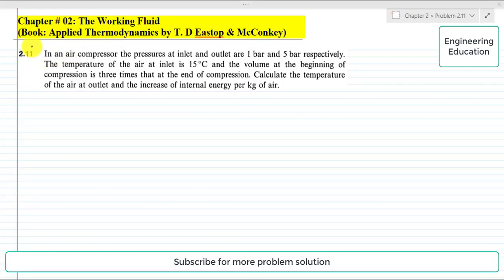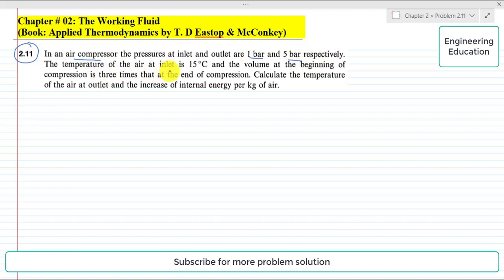In this lecture we are going to solve problem 2.11, chapter number 2, the working fluid, from the book Applied Thermodynamics by Eastop and McConkey. Statement of the problem is: an air compressor has pressures at the inlet and outlet of 1 bar and 5 bar respectively.